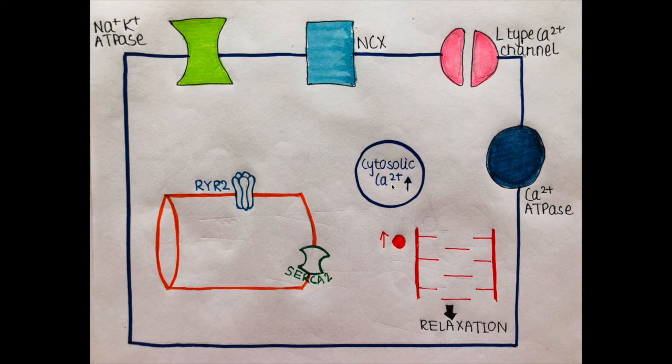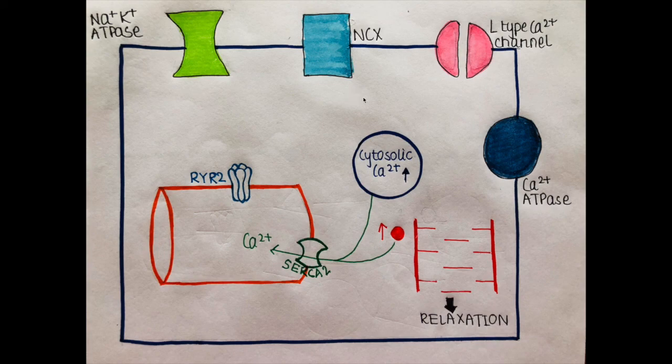This will result in again an increase in the calcium levels in the cytosol. Now the excess calcium that is present in the cytosol needs to be reduced, so the calcium present here will move inside the sarcoplasmic reticulum via SERCA and levels of calcium will rise again in the reticulum. Also, there are the two other ways calcium moves outside the cell, as we have discussed.